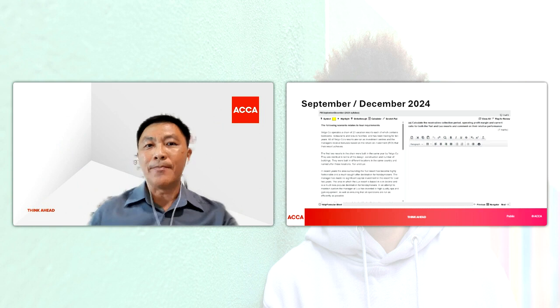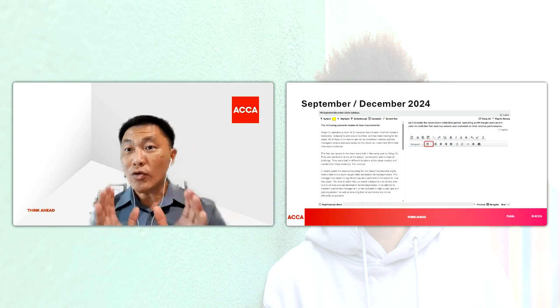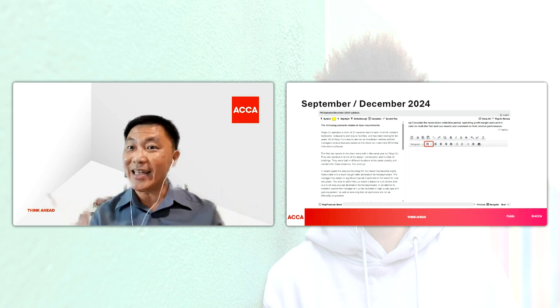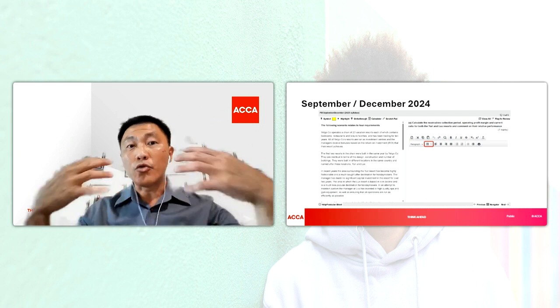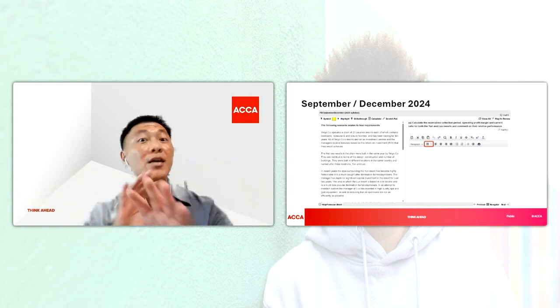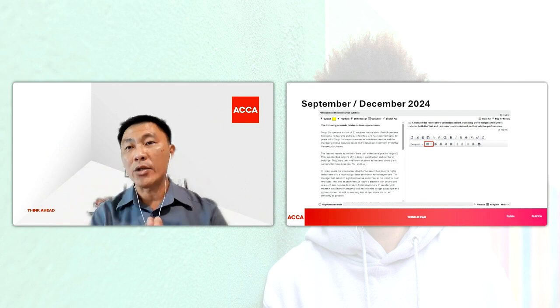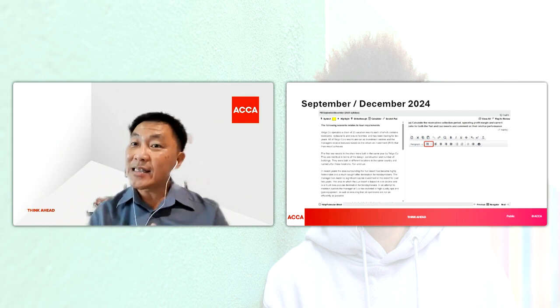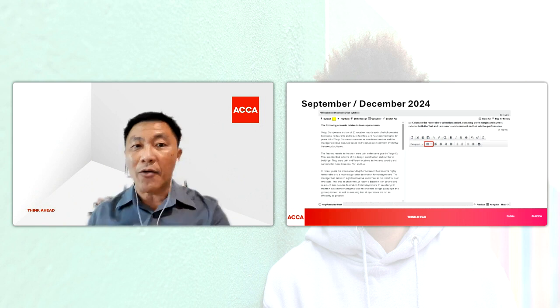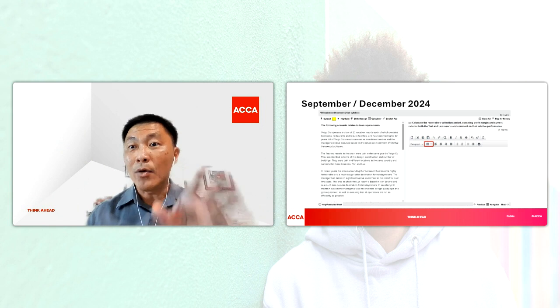Here we go. First and foremost, should you come across this kind of question in the upcoming exam, you have got to do some calculation. However, you only have the word processor, presentation, or response option. What I would suggest everyone do is make use of the one I circled in the red box, the table function.